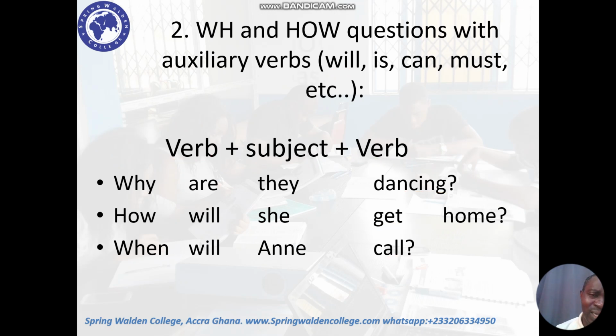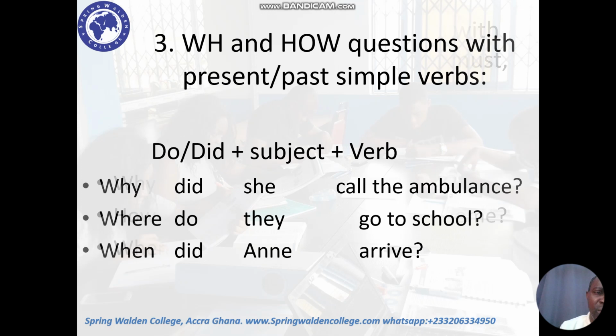Now let's look at the last question structure: WH questions with present or past simple verbs. If you are forming questions in the present simple, we introduce the auxiliary do or does, depending on the person, and then did if it's in the past, and then the subject follows with the main verb. So why did she call the ambulance?